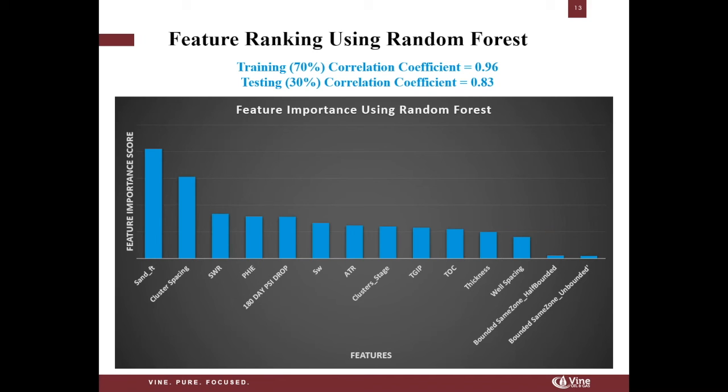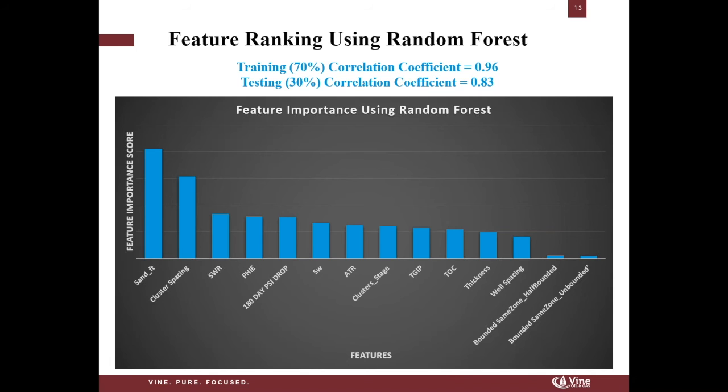This is not the case in the entire Haynesville, this is just one subsample of a large data set that I picked for this case study. But it gives you a lot of indication as far as what parameters to hone in on. It tells you that you've got to hone in on sand per foot, you've got to hone in on cluster spacing, and some of these important features.